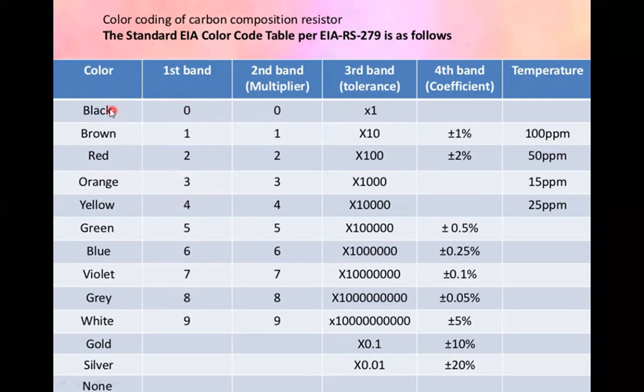How do we remember this? It is BB ROY. BB ROY goes to, T will not have any color, it's a numeric number. So BB ROY goes to bring very good wife. I know it's funny, but this is how we remember the color coding of a resistor.